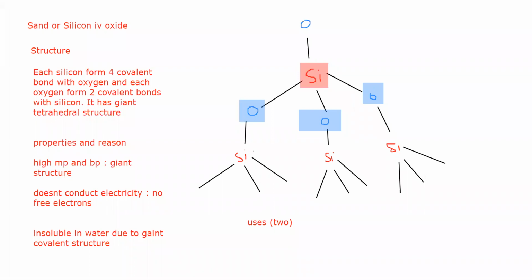Any doubt in this? Take the screenshot. Now I will discuss some questions related to, we just now finished topic of covalent, and the last one is metallic is left. That we'll do tomorrow and finish this chapter as well.